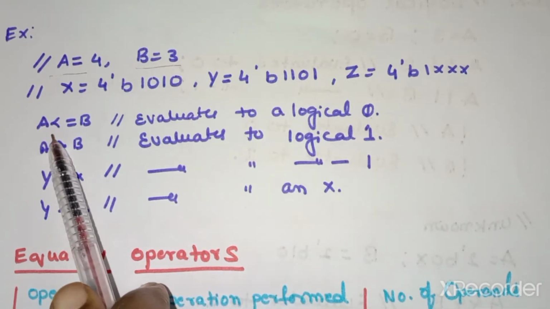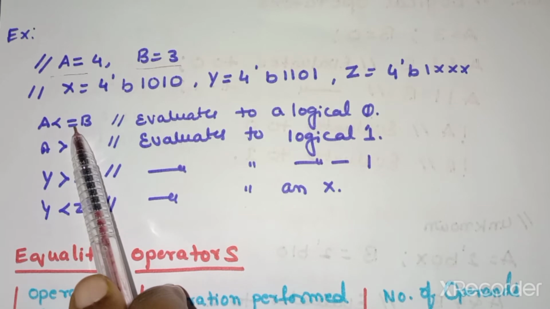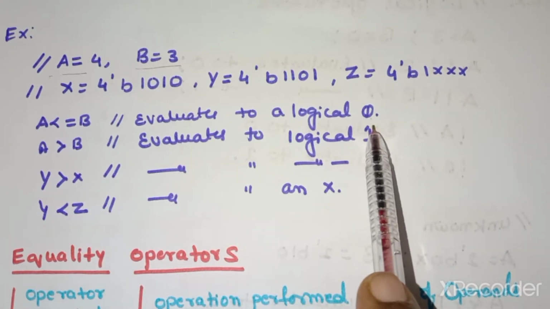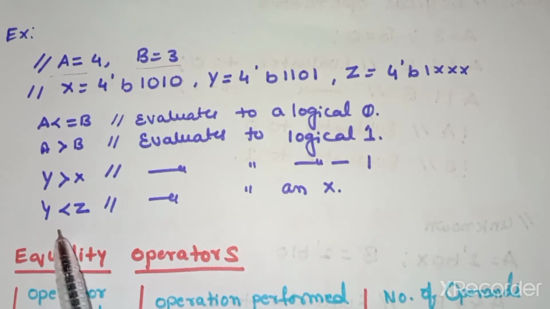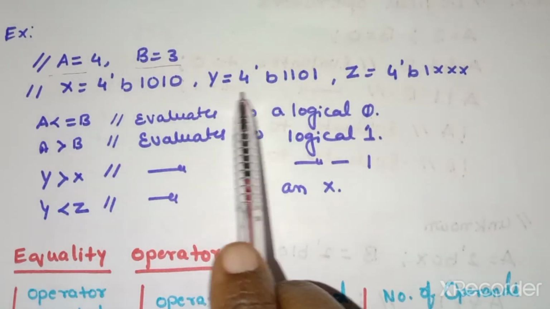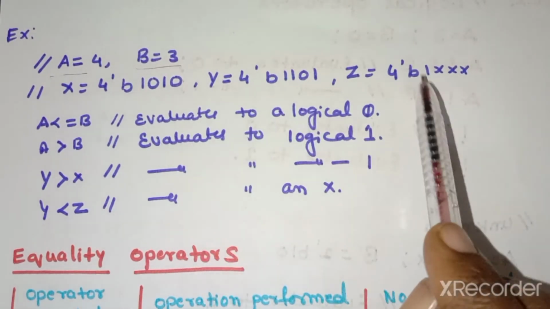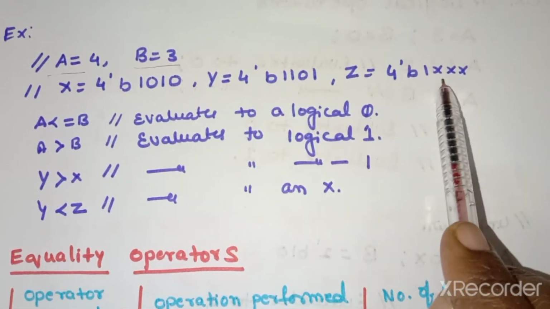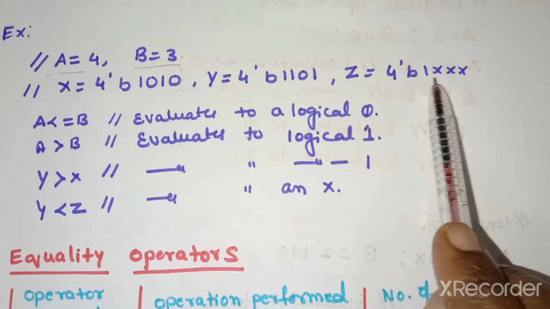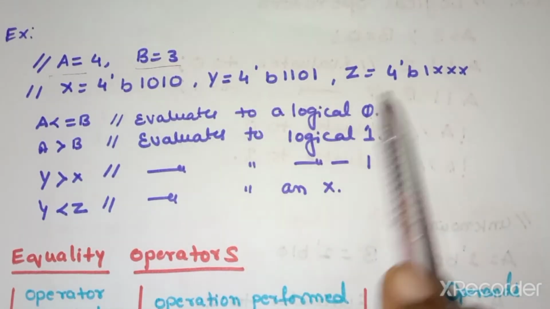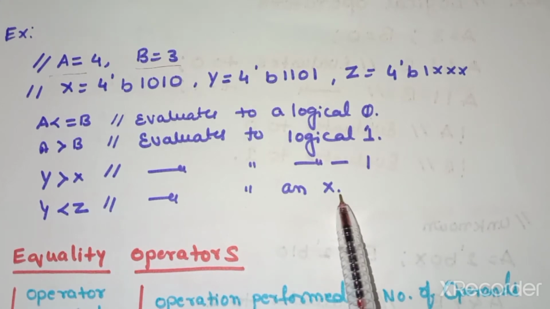So here you see a is less than or equal to b. This condition is false, so you are going to get the 0 value. And next, y is less than z. Y is 1101. What is z? Z is taking the ambiguous value, that is 1xx. So in this situation, your answer is x.